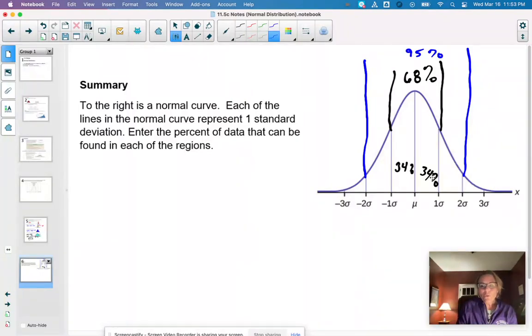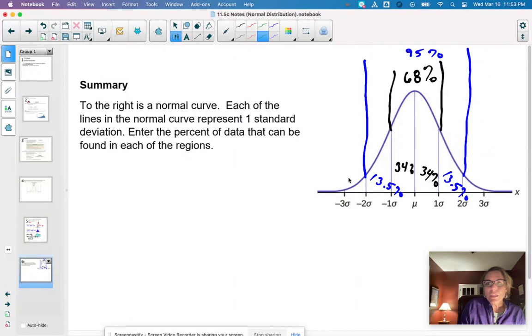So adding 34 and 34, and then figuring out what's here and here to add up to 95%, this right here has to be 13.5% and 13.5%. So now if we add 13.5 plus 34 plus 34 plus 13.5, we're going to get to the 95%.